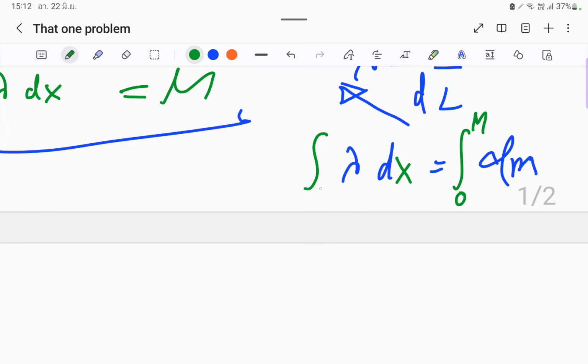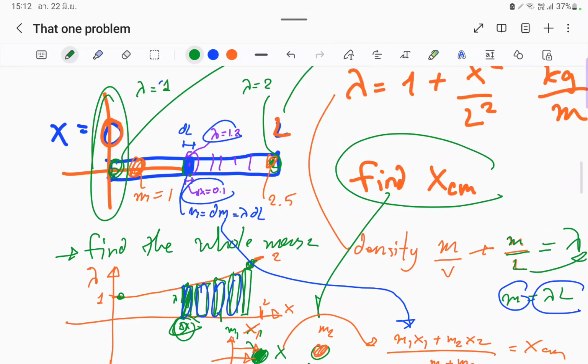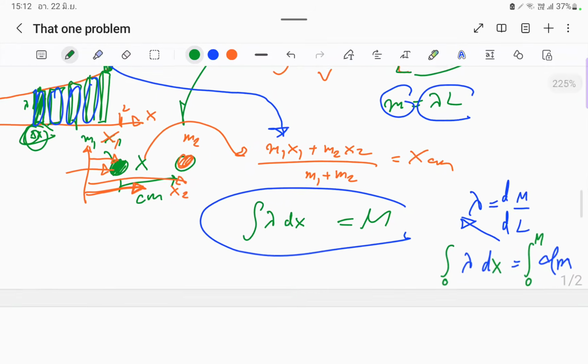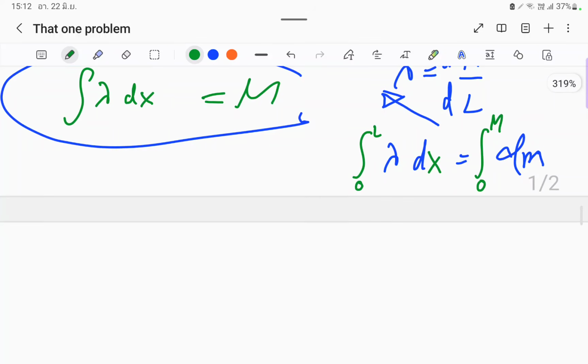You can just use this x because we're going to integrate from x equal to 0, which is the start of the rod, to x equal to L, because the end of the rod is at the point where x equals L. If you do this, you get the mass of the whole rod, because integrating dm, it just cancels out, so you get m minus 0, which is just m, the mass of this whole rod.